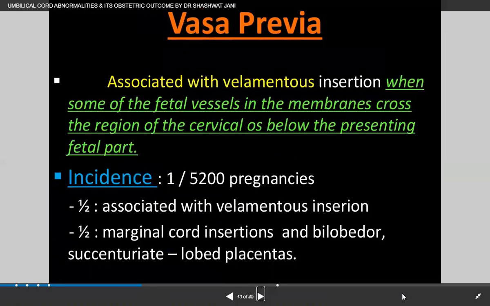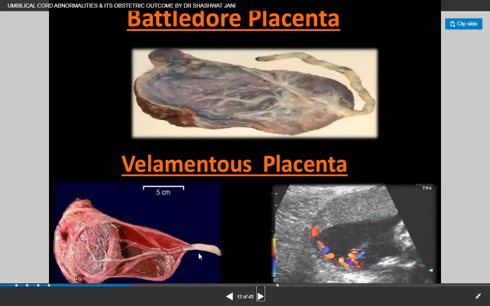Vasa previa. What is it? It is associated with filamentous insertion, when some of the fetal vessels in the membranes cross the region of the cervical os below the presenting fetal part. So it is definitely associated with the filamentous insertion, this variety.